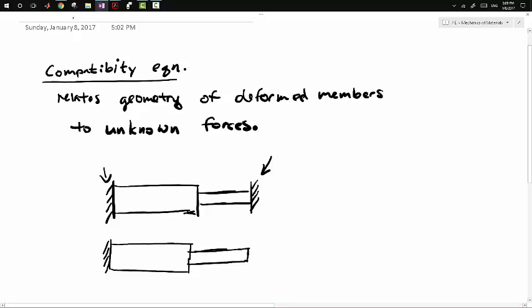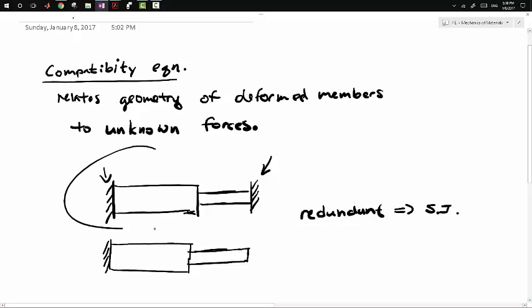We would still have a stable structure. So whenever you have redundant supports, you have a statically indeterminate structure.